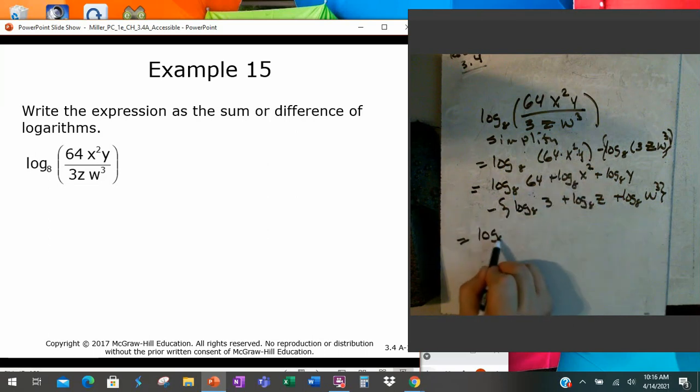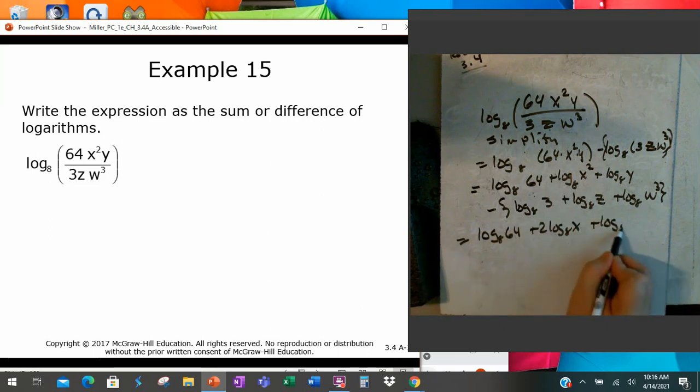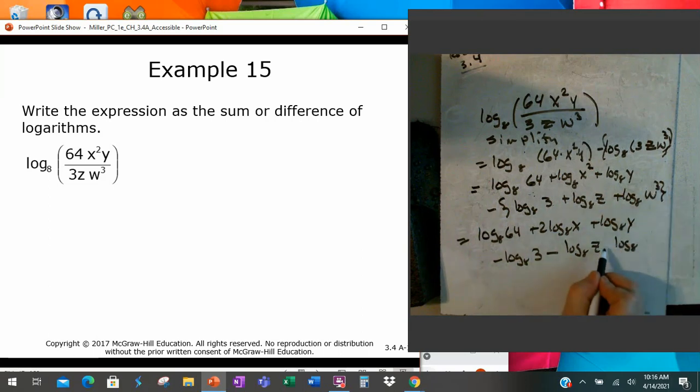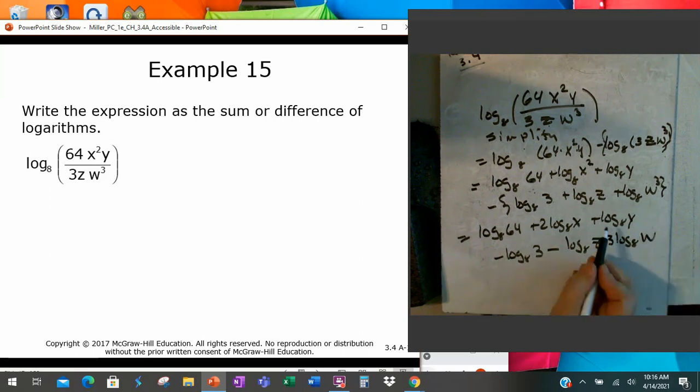So log 8 of 64, plus 2 log 8 of x, plus log 8 of y, minus log 8 of 3, minus log 8 of z, minus log 8 of w cubed. Now this is 3 times this, so I'm going to go here. This is a w cubed, so minus 3 log 8 of w. All my exponents need to be down in front.